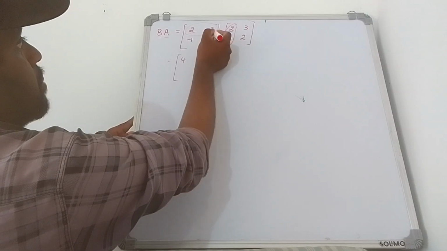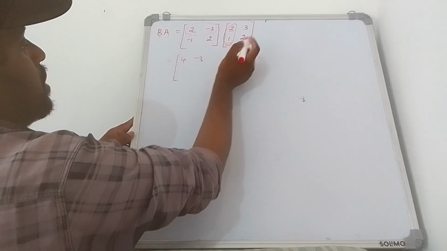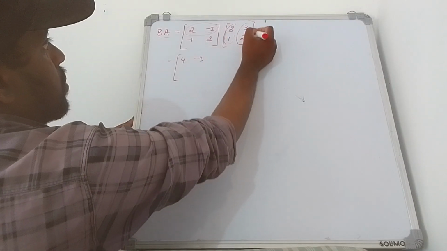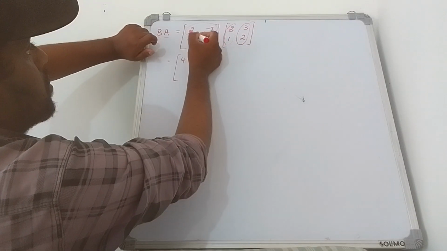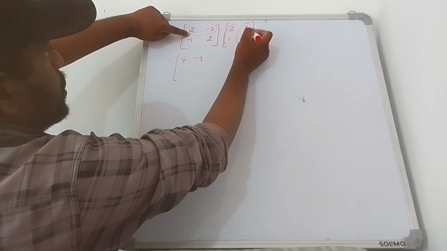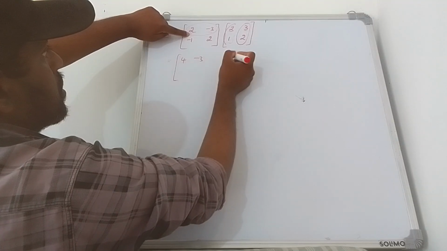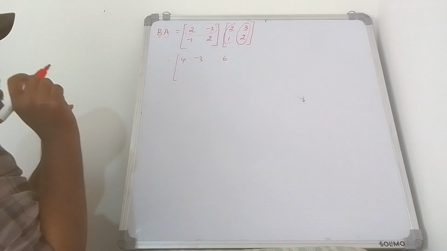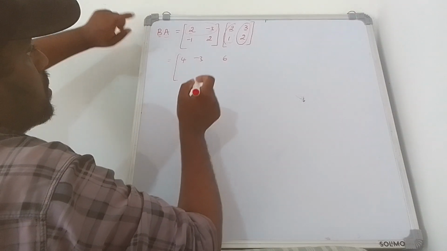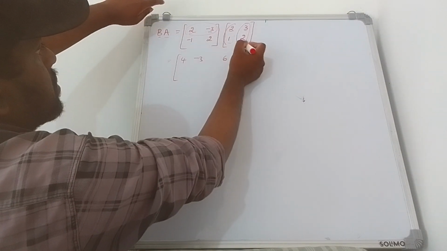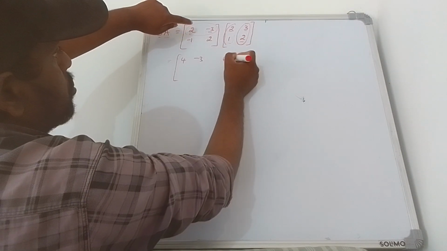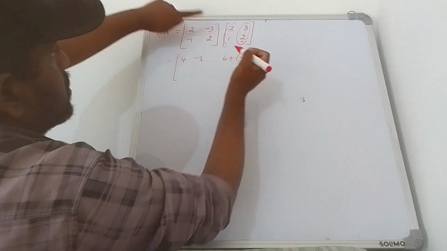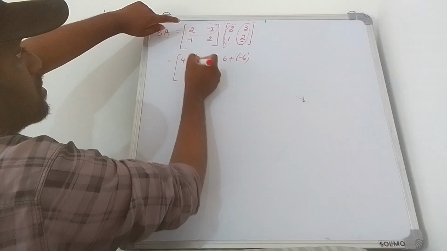Second element minus 3 into 1, minus 3. Next. Now consider this second column. First element 2 into 3, 6. Second element, before that you put plus here, then minus 3 into 2, minus 6, like that. Even here also 4 plus then minus 3.